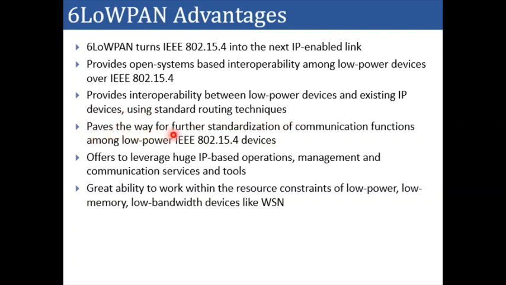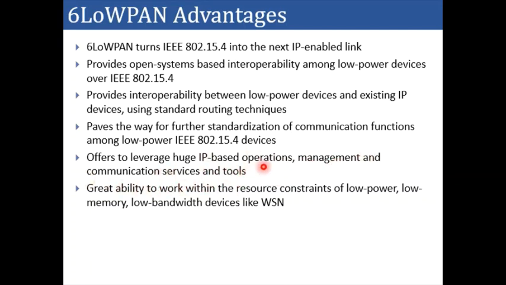It also paves the way for further standardization of communication functions among low power IEEE 802.15.4 devices. It offers to leverage huge IP based operation management and communication services and tools.